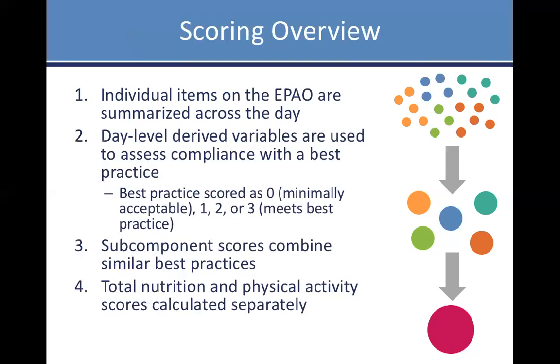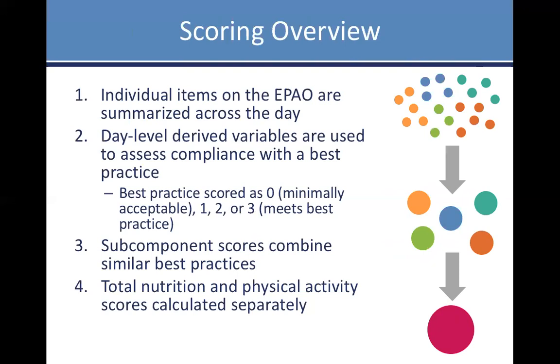From there, what we do is we take those day level derived variables and we assess compliance with those best practice standards. And we score those on a scale from 0 to 3, just 4 points, so 0, 1, 2, 3. And 0 represents our minimally acceptable practice.